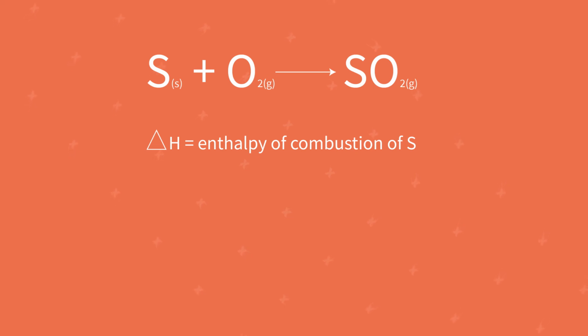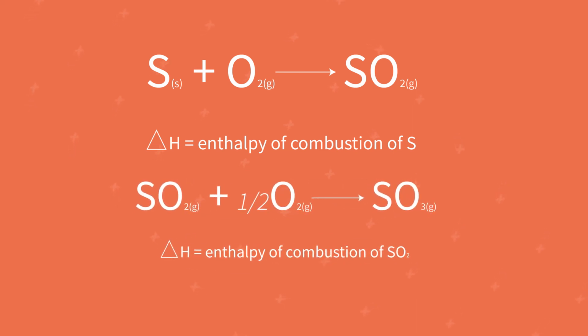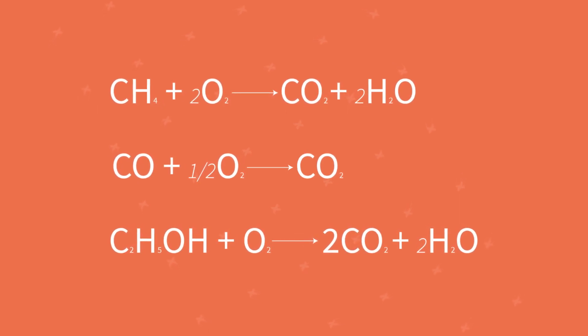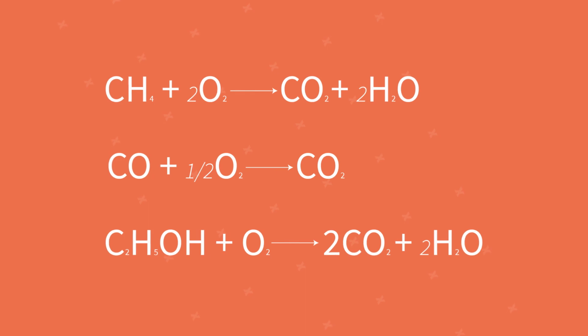SO2, being a covalent compound, can further combust to form SO3, but this reaction is enthalpy of combustion of SO2, not sulfur, as here SO2 is reacting with oxygen. Similarly, other covalent compounds can combust like shown, but again we have to look that the compound is combusted completely.